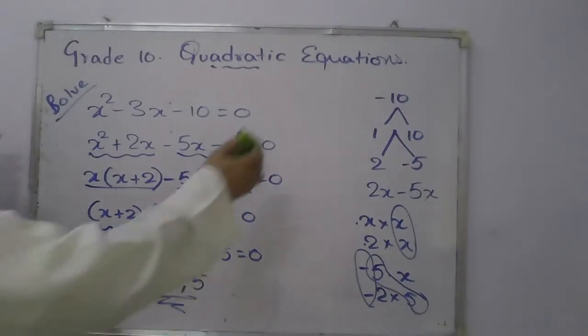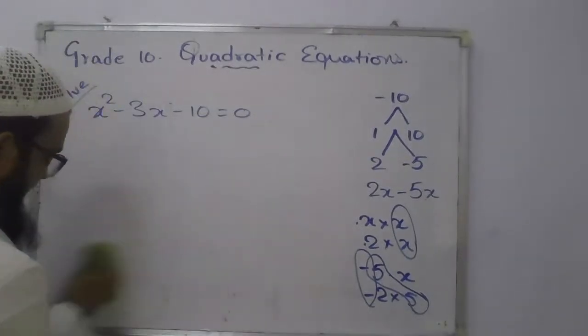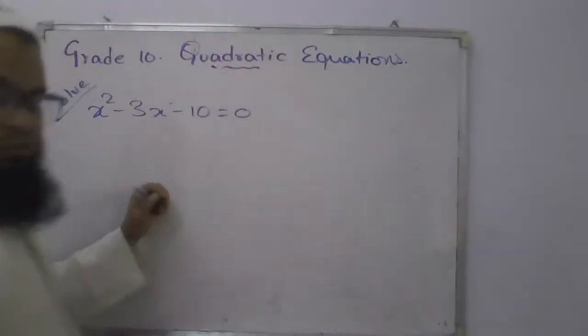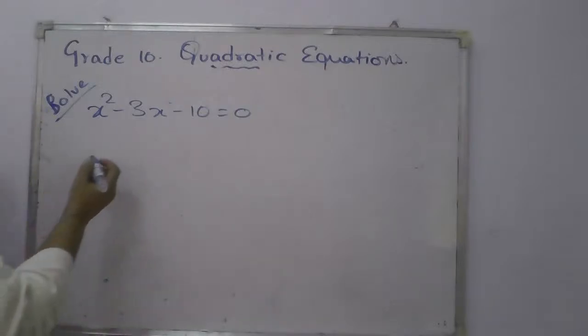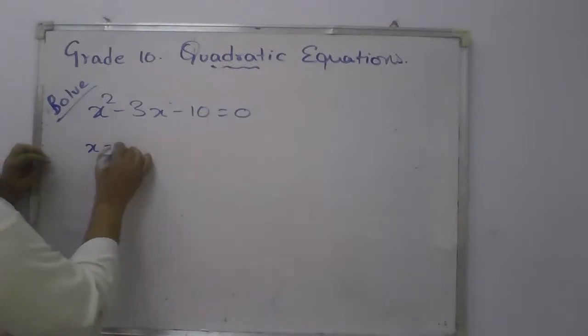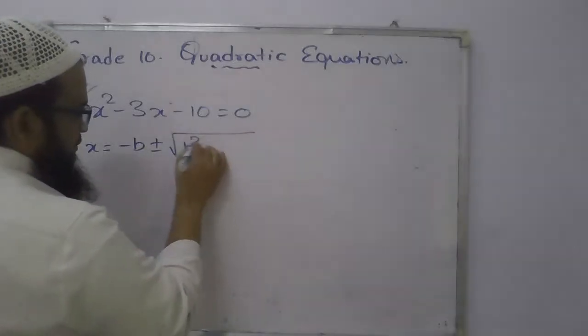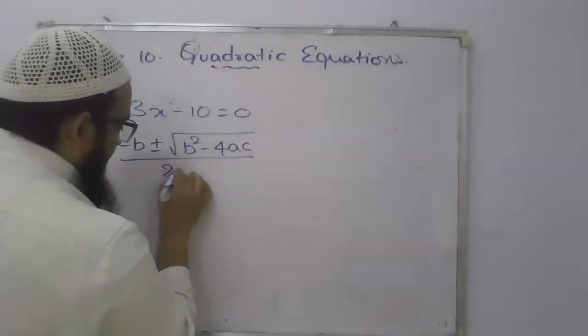Understood? This is how we do it with splitting of middle terms. Okay, so let us see the same thing. The next concept, one more concept, is by using the formula to find the zeros or roots of the quadratic equation. What is the formula? x is equal to minus b plus or minus square root of b square minus 4ac by 2a.